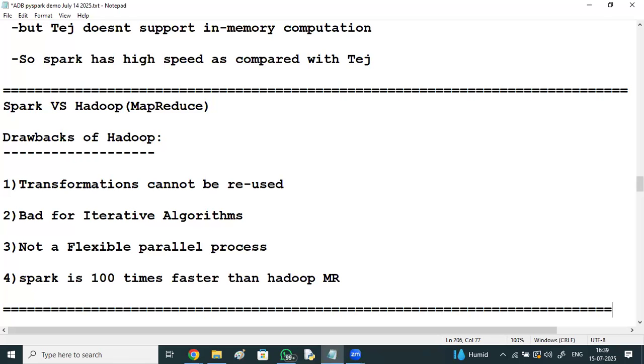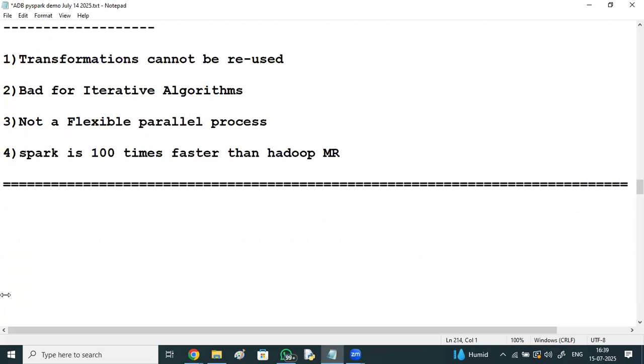So there is one more component, the comparison of Spark with Apache Pig. Apache Spark, Apache Pig.